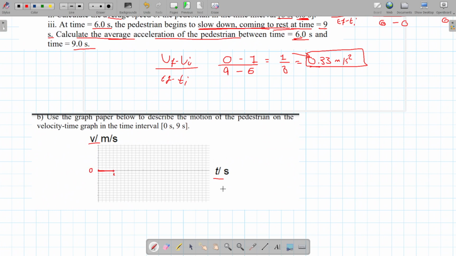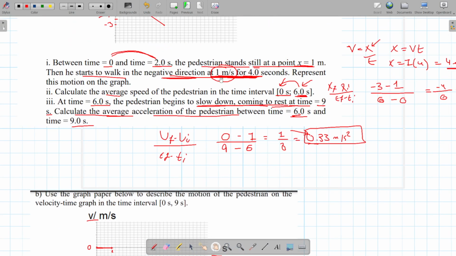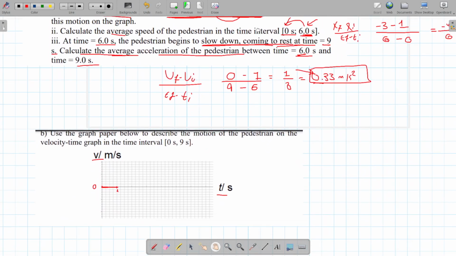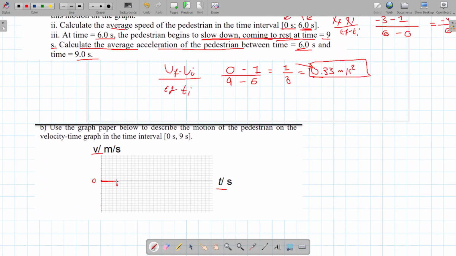Then we reached 6 seconds when it went down to negative 1, and stays there for how long? 1, 2, 3, 4, 5, 6 seconds. Right now we're at negative 1.